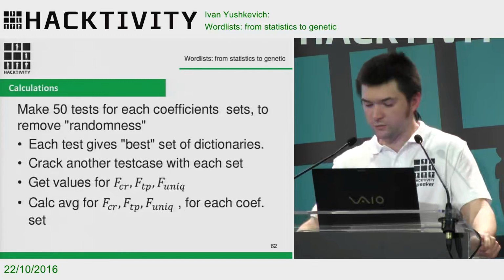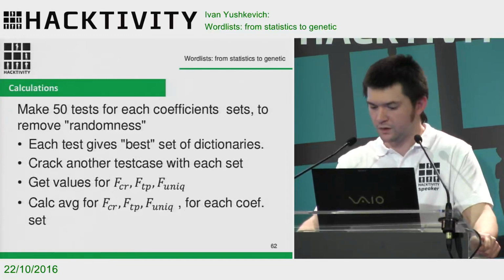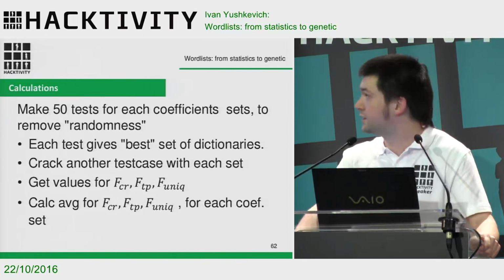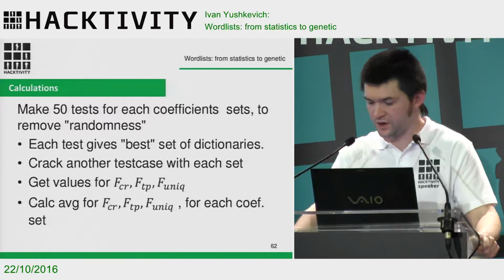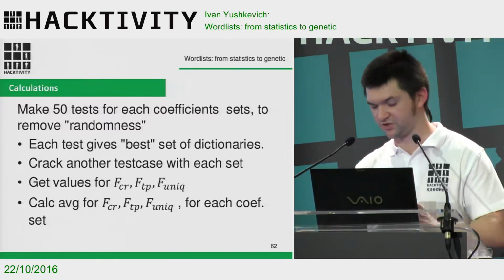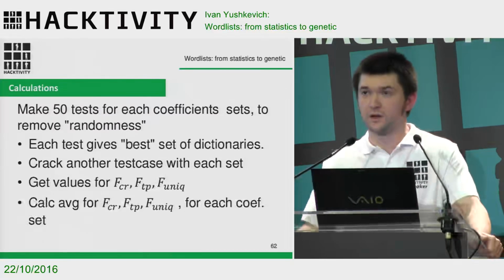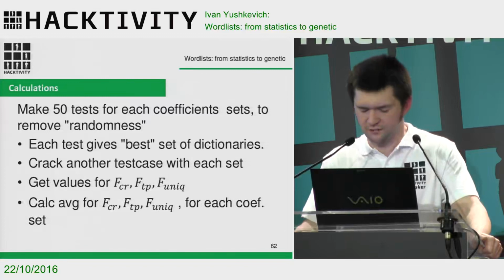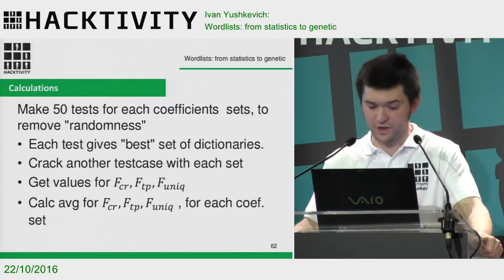Also, how can these coefficients be found? For this, I made nearly 50 tests for each set of coefficients to get a dictionary as a result. After that, I ran tests on the final hash lists, which also contain 17 of them.